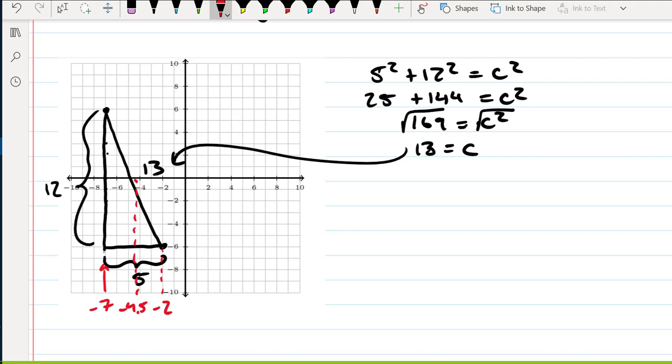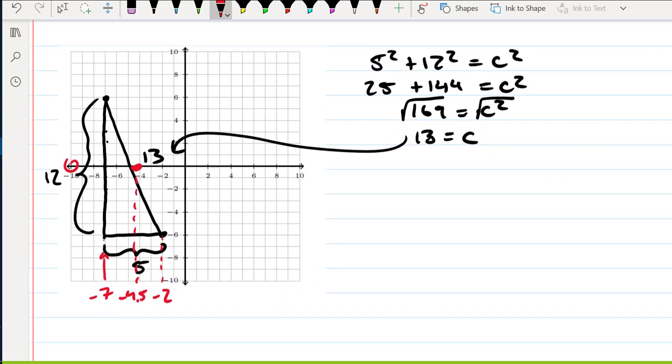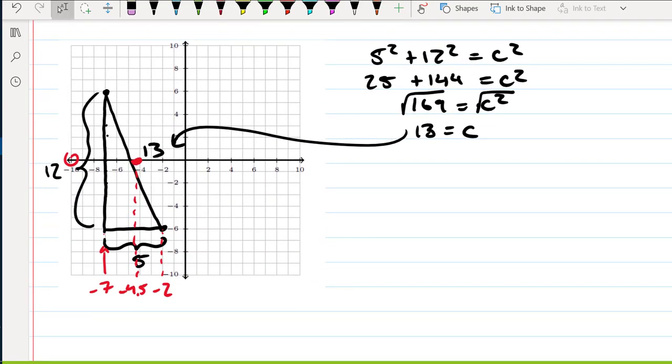And similarly, what's the number halfway between negative 6 and positive 6? Well, that's 0, which was exactly what we got, negative 4.5 and 0. So we can figure out all of these things by analyzing them directly instead of just resorting to formulas. All the formulas are is somebody did this math on a generic object.